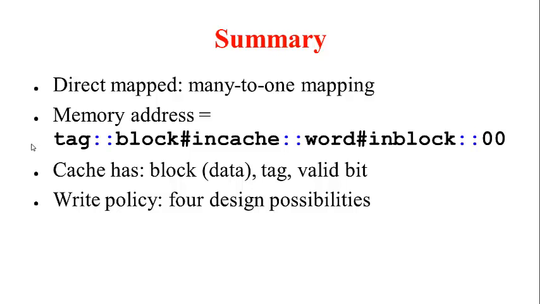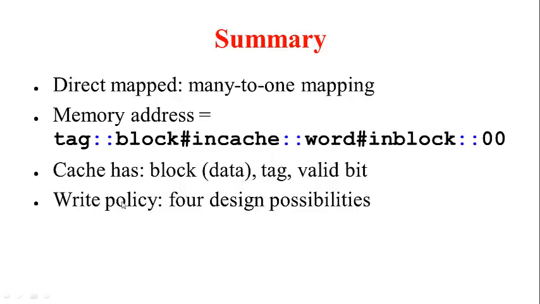And during memory access, the cache controller will break up the memory address into various fields, the last 2 bits being 00 for a word aligned byte address, the next few bits representing the word number in block corresponding to the number of words in a block, and then the next few bits correspond to block number in cache, and this number of bits will depend on the number of blocks in the cache, and the rest of the bits towards the MSB form the tag, which is used for comparison with the tag metadata as part of the cache block.